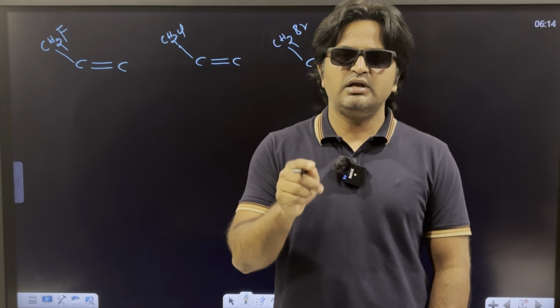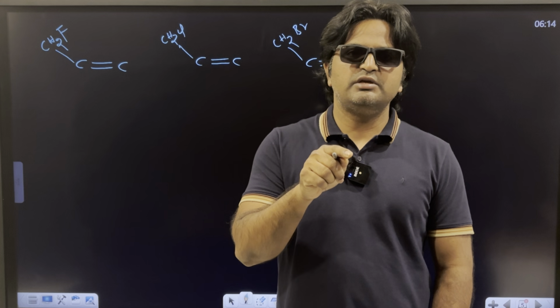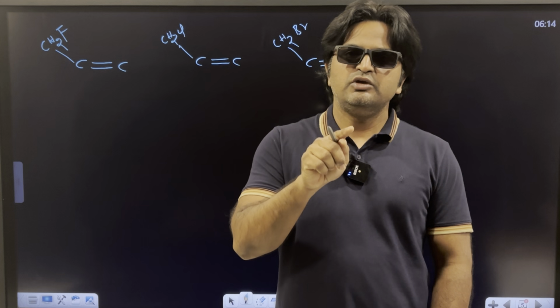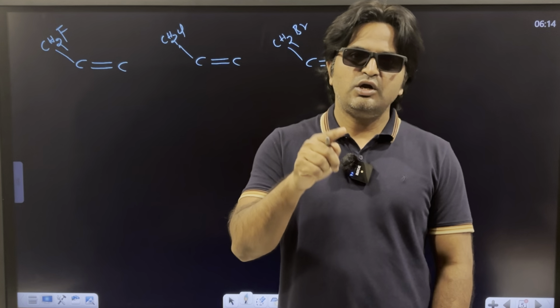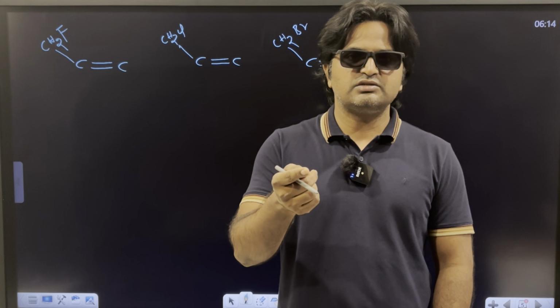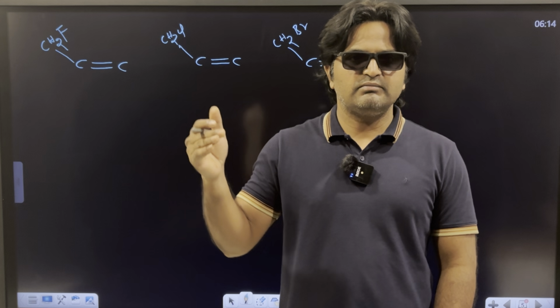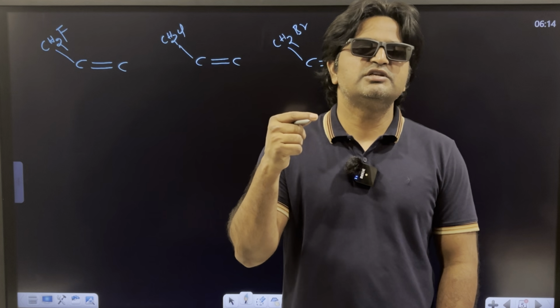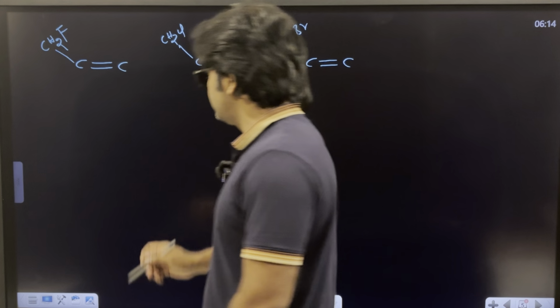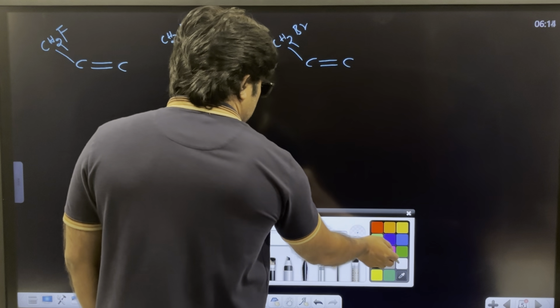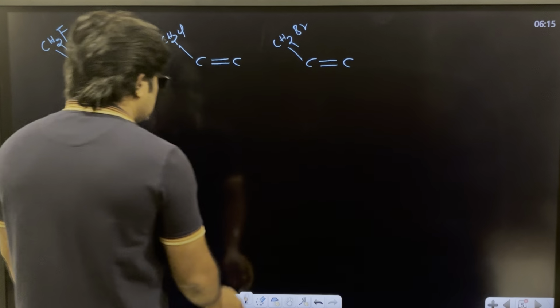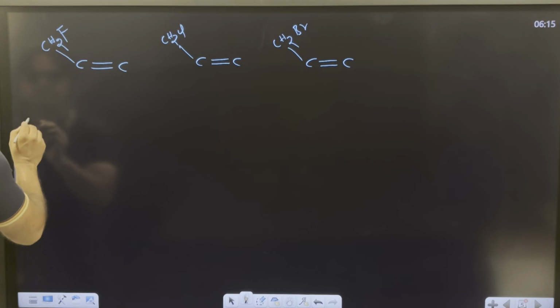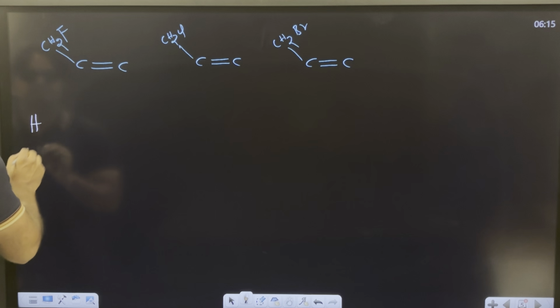In place of methyl, if one hydrogen atom is replaced by one halogen atom, you can replace one halogen, two halogens and three halogens also. We will try each and every one, but in the second stage what I am doing here is one hydrogen atom is replaced by one halogen atom. Then this is the situation. After writing this one, what are the remaining atoms?